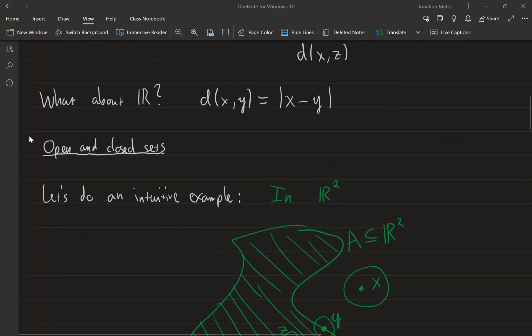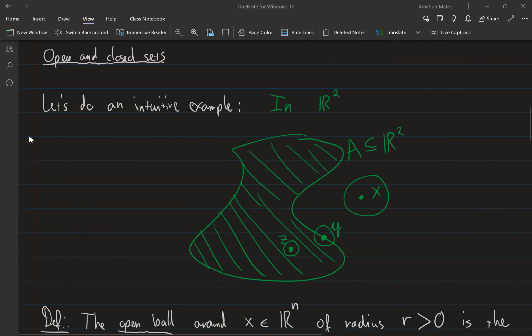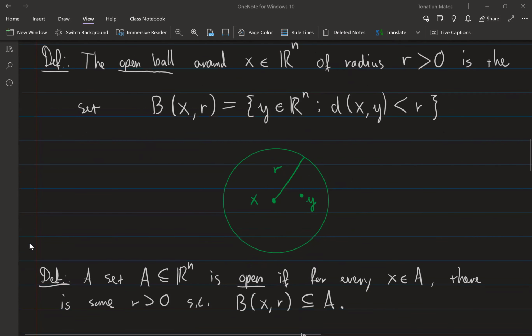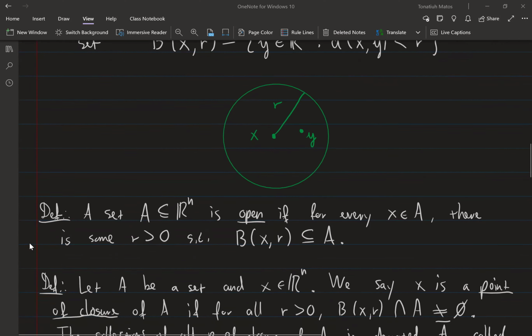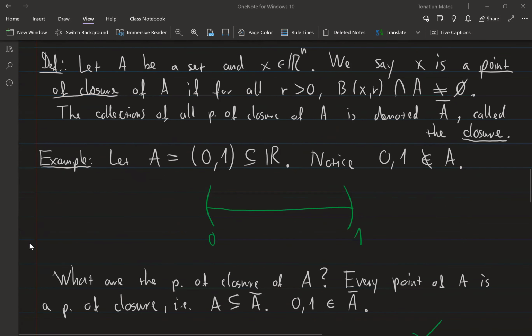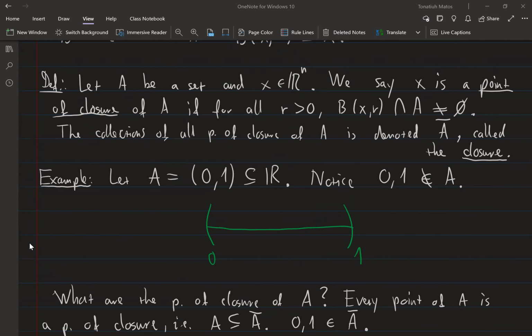So then we started talking about a very important and powerful idea called the idea of open sets, open and closed sets. So here's an intuitive example, and you can check that out in the last recording. I defined the idea of an open ball, and I proved that all open balls, I may have only done this for intervals, are open sets with this definition.